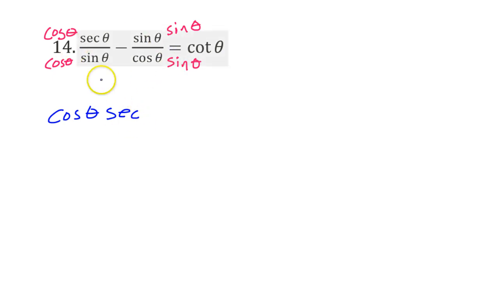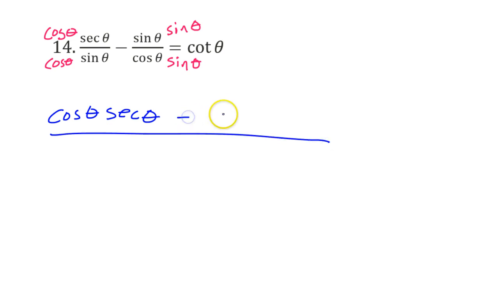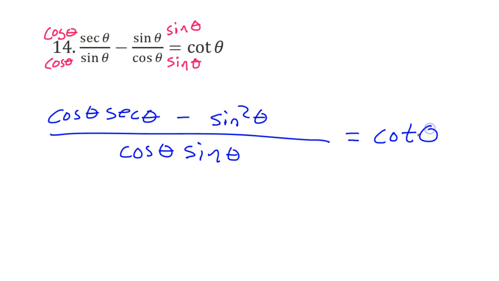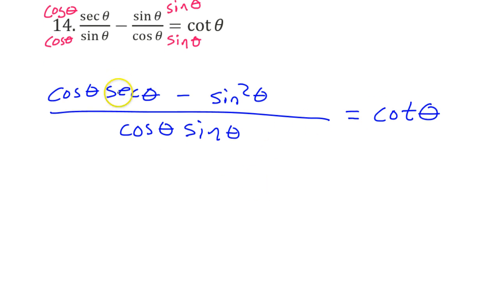All right, I'm just checking things out. So that's going to give me cosine theta secant theta, minus sine squared theta. Go ahead and I'm putting that together over cosine theta sine theta. And I'm trying to verify that that's equal to cotangent theta. Well, secant is the reciprocal of cosine. So this is really cosine theta times 1 over cosine theta.